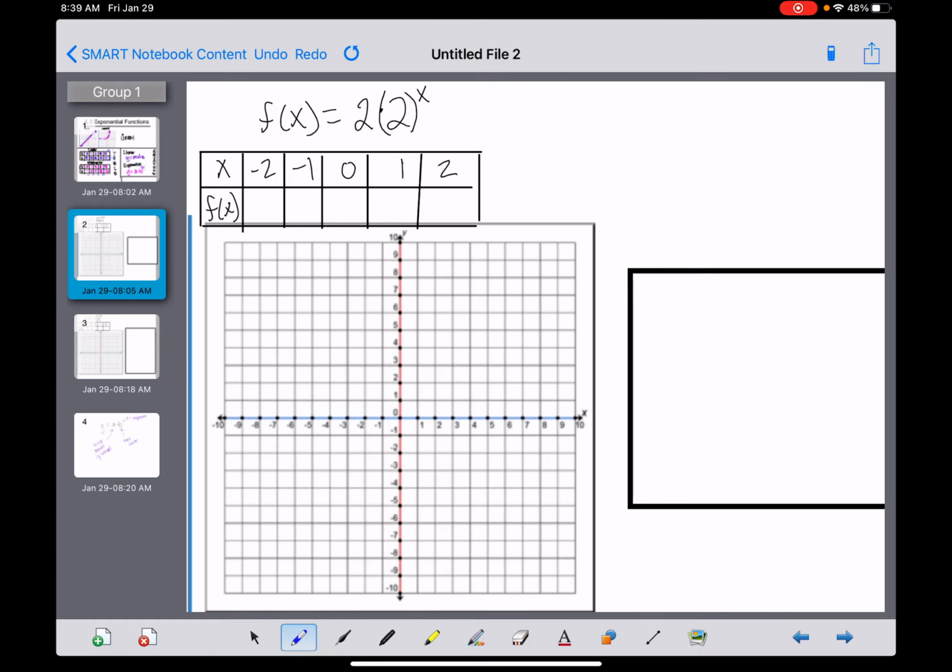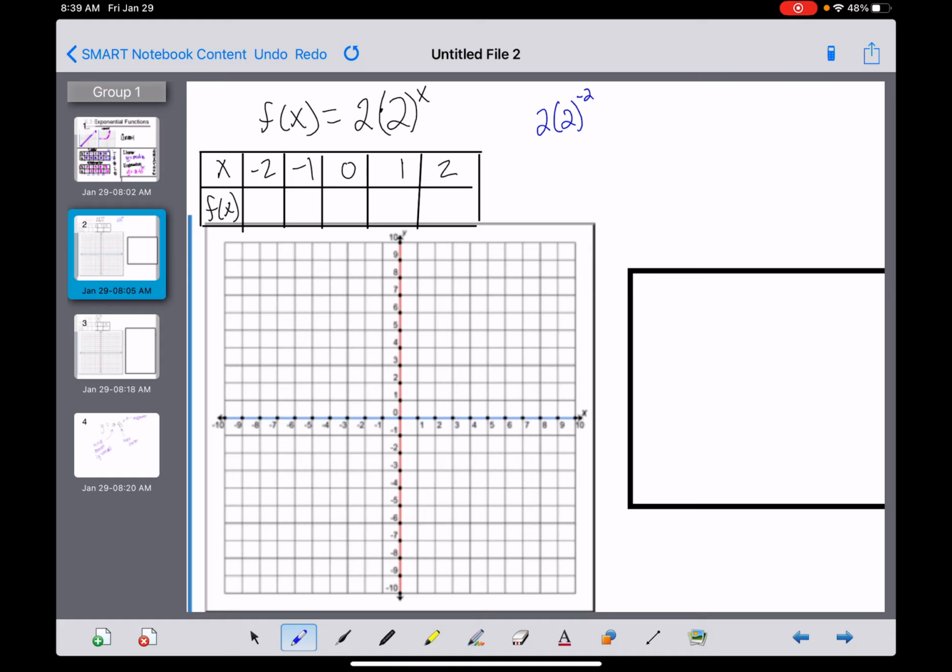So how are we going to graph these? So I'm looking at the exponential function 2 times 2 to the x power. I'm going to substitute in the values -2, -1, 0, 1, 2. So when I start with -2, I have 2 times 2 to the -2nd power.